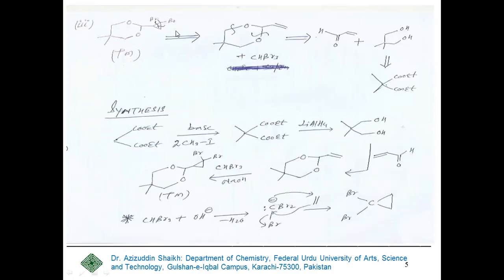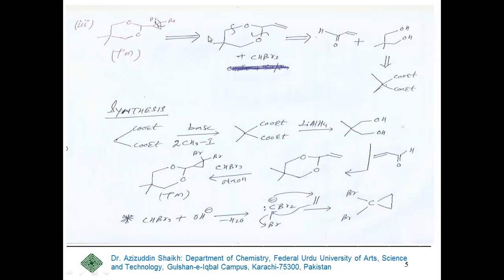Another example of a three-membered ring, a halide-substituted three-membered ring. Two bromides are attached to the cyclopropane.